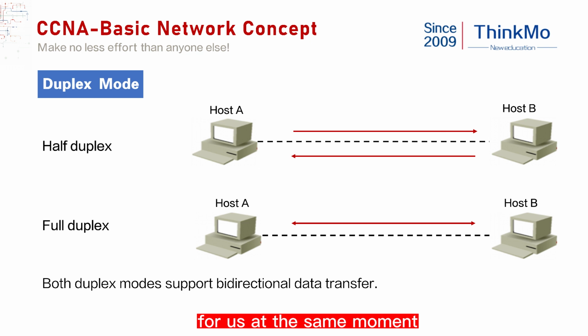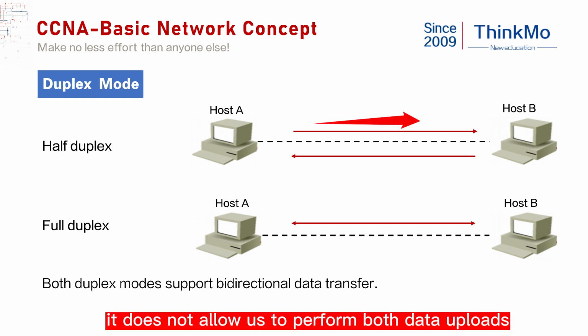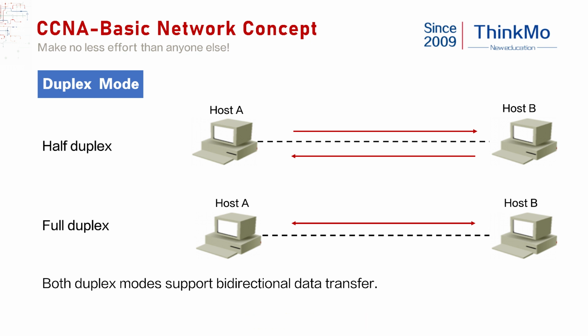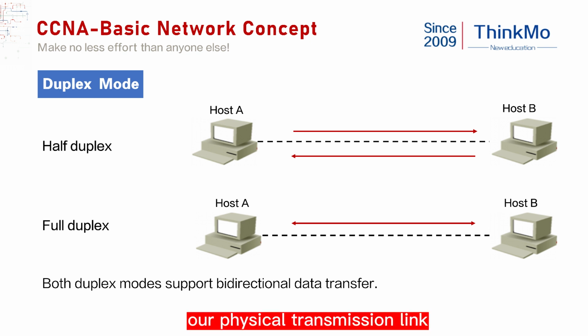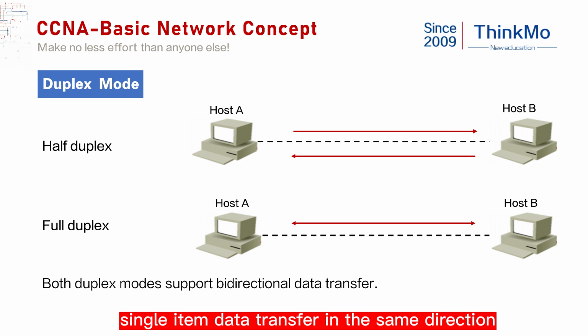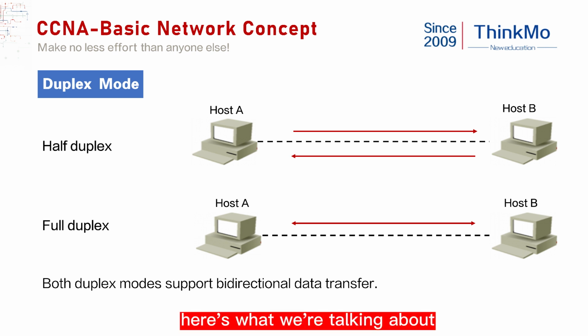At the same moment, it does not allow us to perform both data upload and data download. On our physical transmission link, we can only transfer data in a single direction at a time. That's what we mean by technologies such as half duplex.